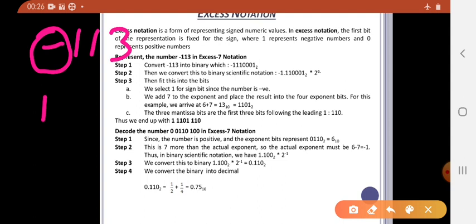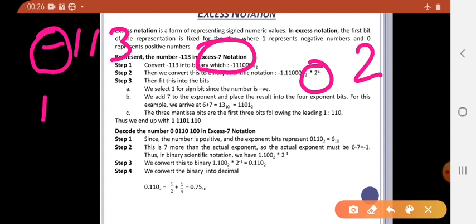Why are we adding 7? Because it is excess 7 notation. If it were 4, then we would add 4 over here. So we add 7 to the exponent and place the result into the 4 exponent bits. For this example, we arrive at 6 plus 7. Why 6 plus 7? Because the exponent is 6 over here.